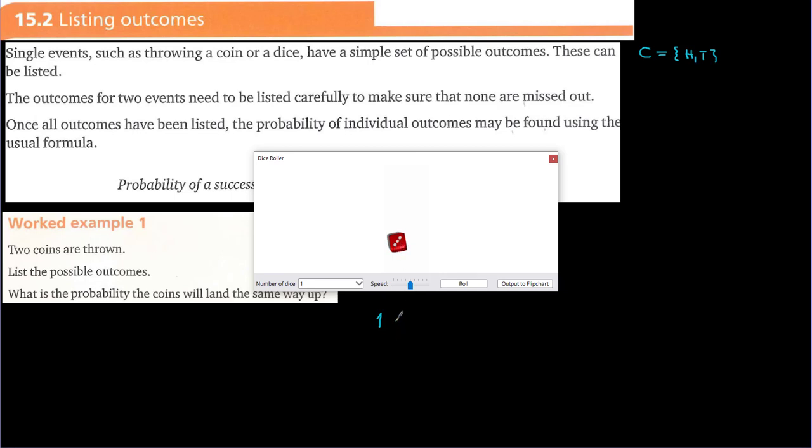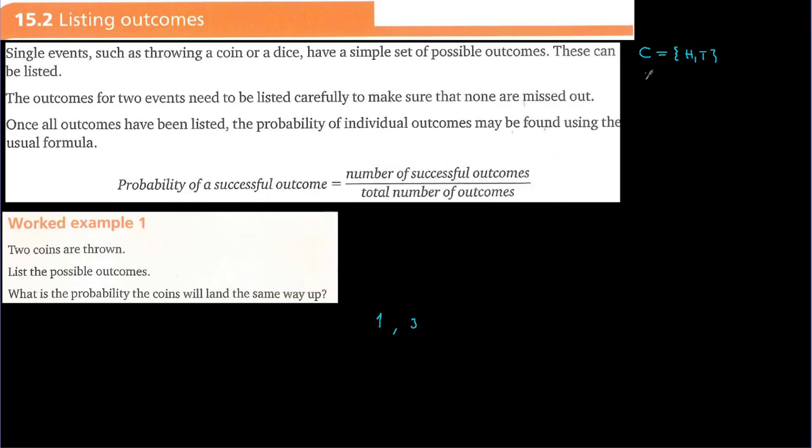It means that this represents 3. So if we have 6 sides for the dice, the outcomes are 1, 2, 3, 4, 5 or 6. So when you roll the dice, there are 6 possible outcomes and it is easy to do this one.